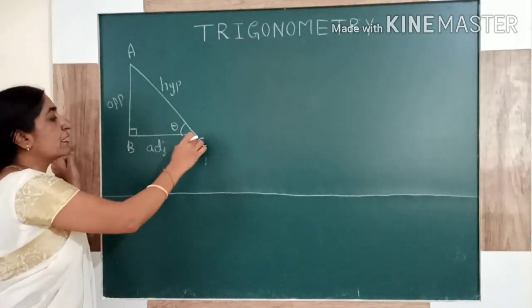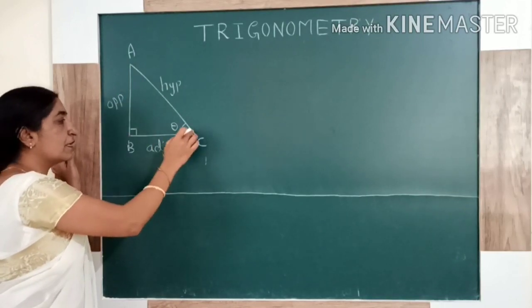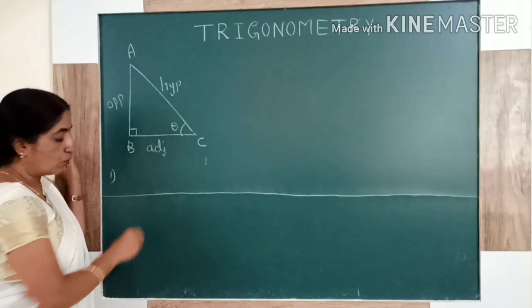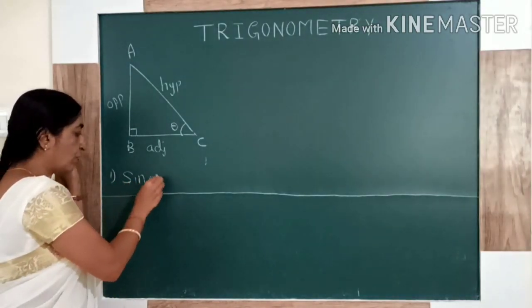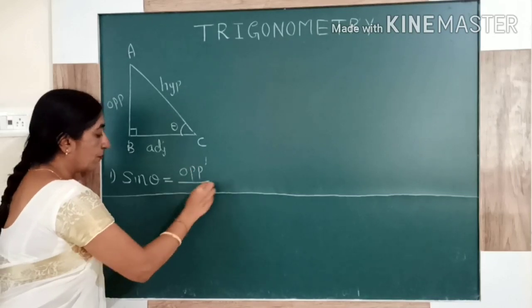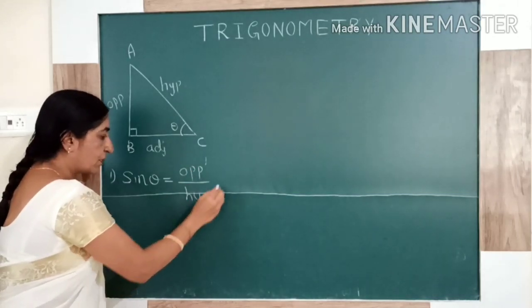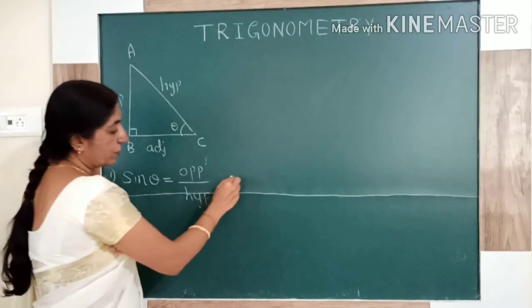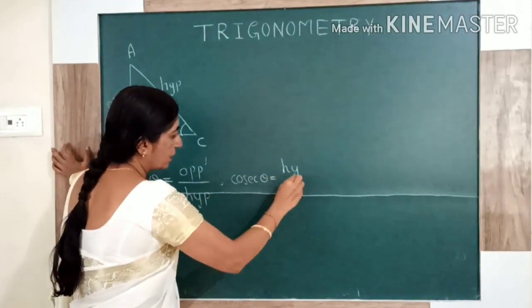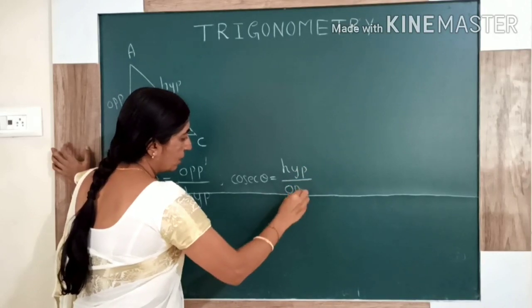So this is the right angle triangle ABC. Here I am taking theta. Define the trigonometry terms one by one. Sin theta. What is sin theta? Sin theta will be opposite upon hypotenuse. After sine, we are defining cosec. Cosec is hypotenuse upon opposite.